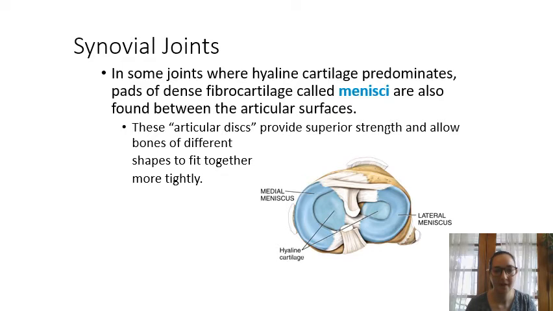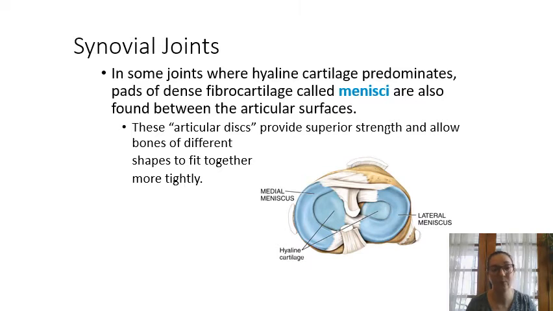All right. Also, right here, you're looking at the knee joint. You're looking down onto the proximal end of the tibia. In the knee joint, we have menisci. Menisci are discs of protective tissue that cushion a joint, especially joints like your knees that bear a lot of weight.